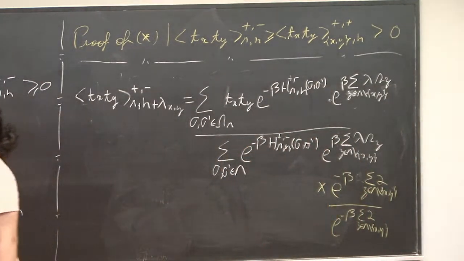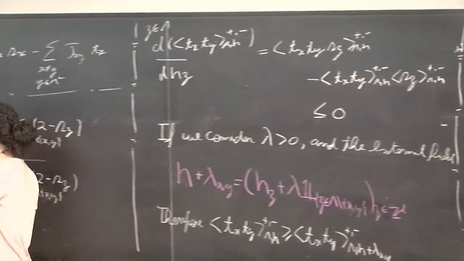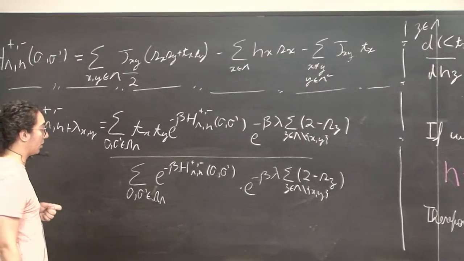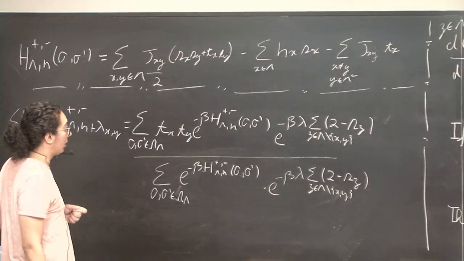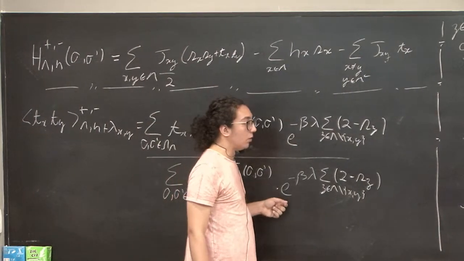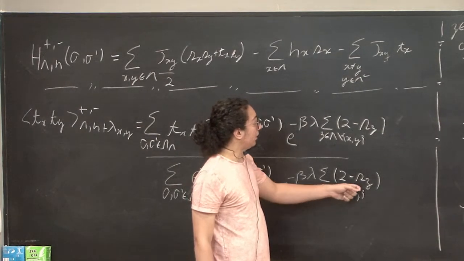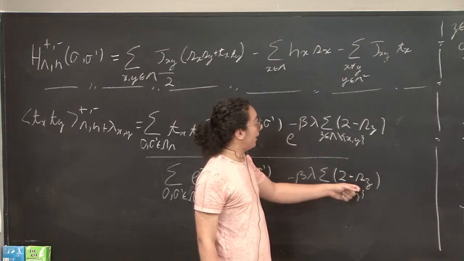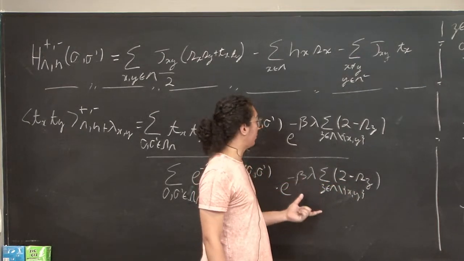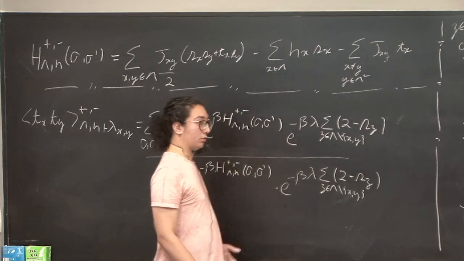And now what we need to see is that this thing here will be 0 whenever, if s z is not 2 for some z, then this thing is going to be negative, and it's going to go to 0, right?